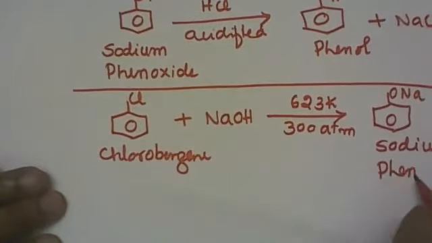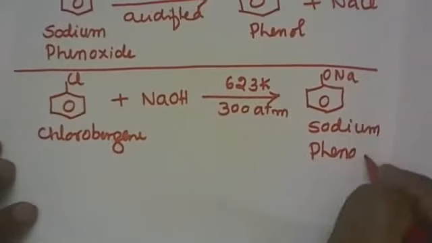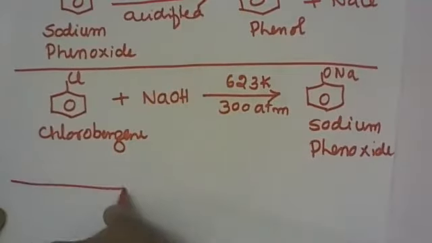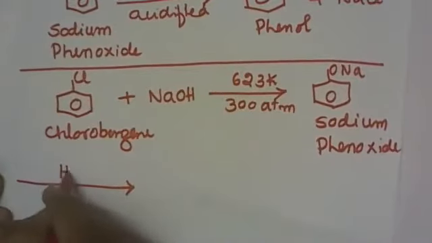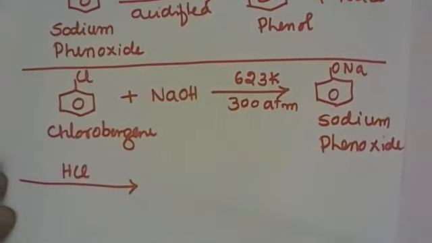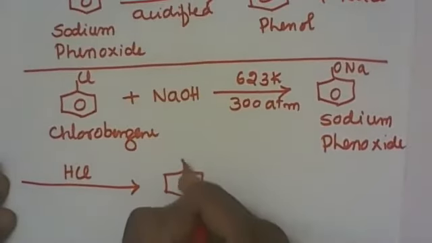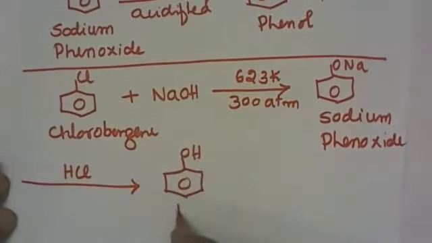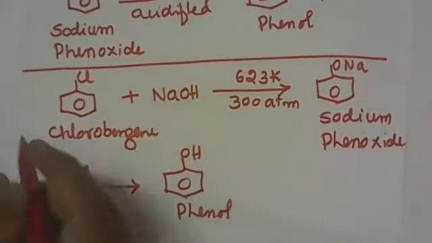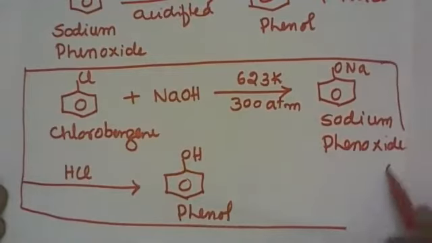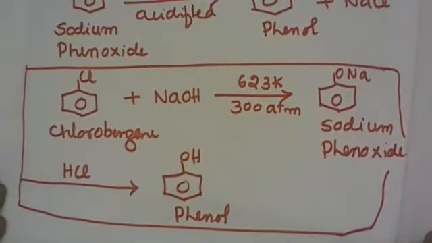Sodium phenoxide. It is then acidified using dilute acid HCl to give phenol, benzene attached to OH. So we can write this answer in the examination, as given in the NCERT textbook.